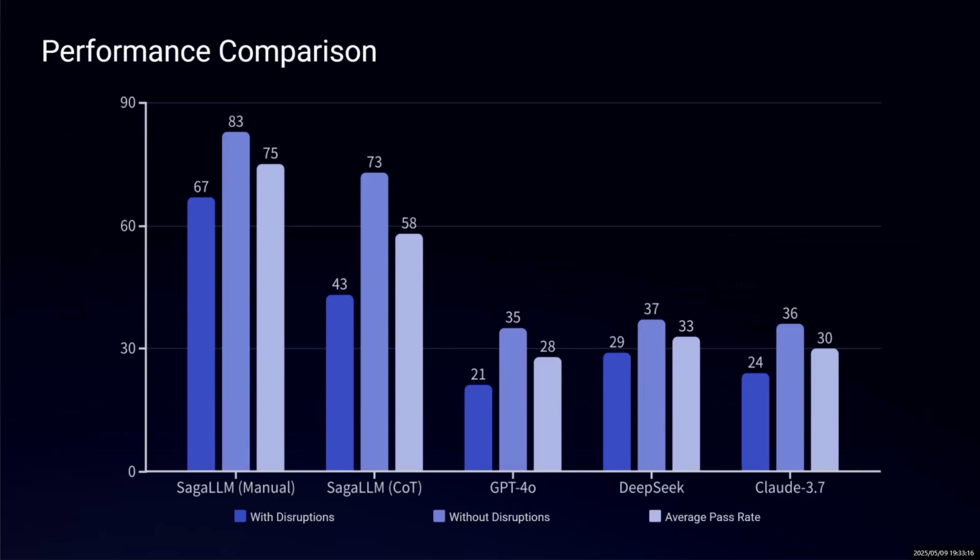The second is the use of well-constructed templates, because compared to the COT agent-based Saga large language model version of our system, the manually created template can increase the pass rate by around 24%.